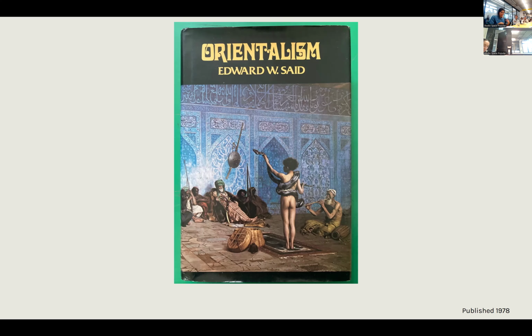And then the third point he makes is that this creates a false image of what this Orient is, right? And that it also essentializes that this entire region is one Islamic society, right? So this translates to Islamic art and Islamic architecture.